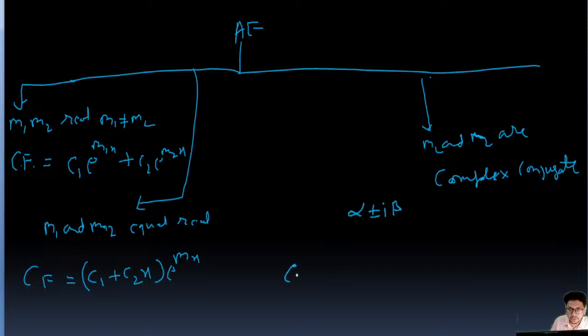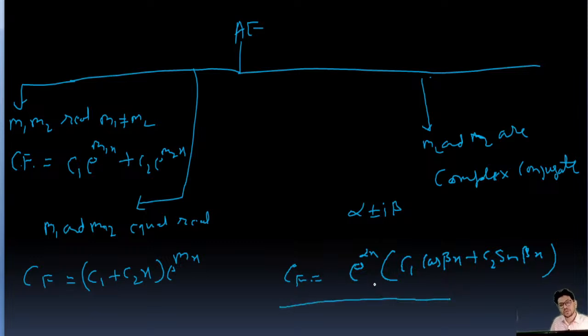CF equal to e to the power alpha x into (C1 cos beta x plus C2 sin beta x). This is going to be the complementary function.